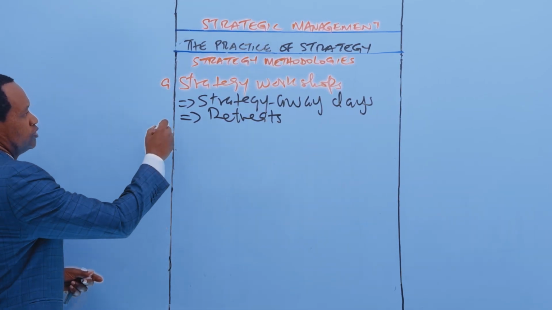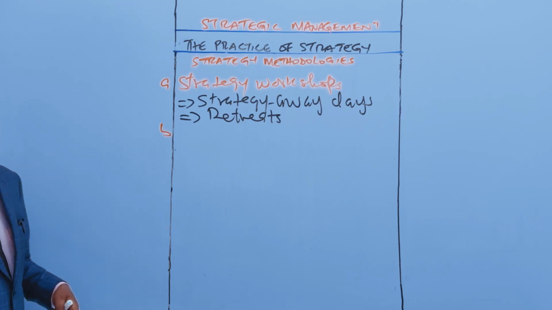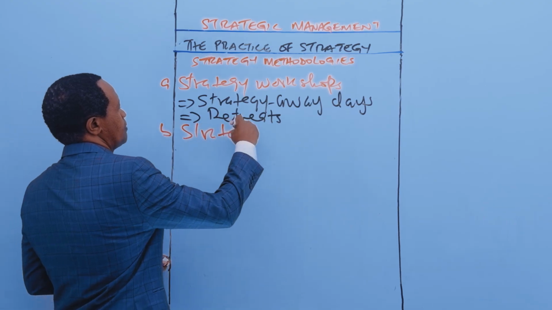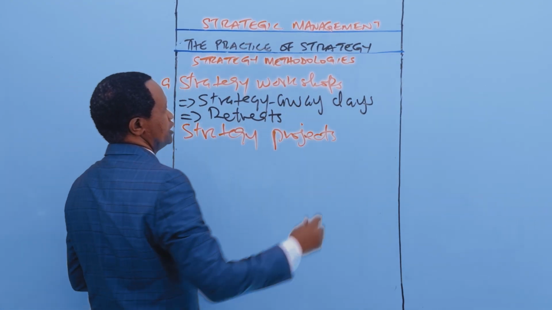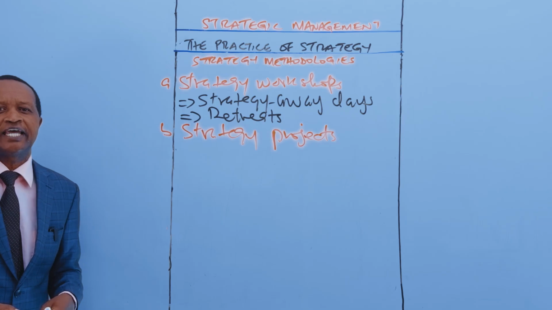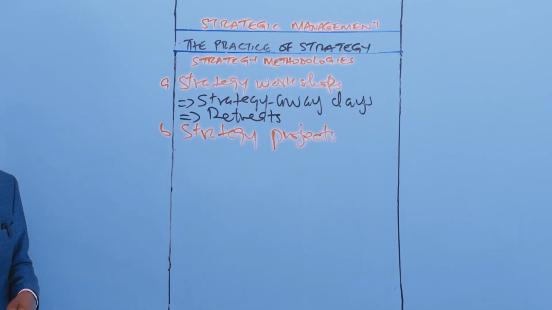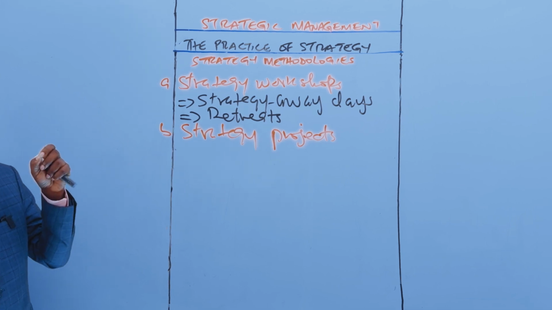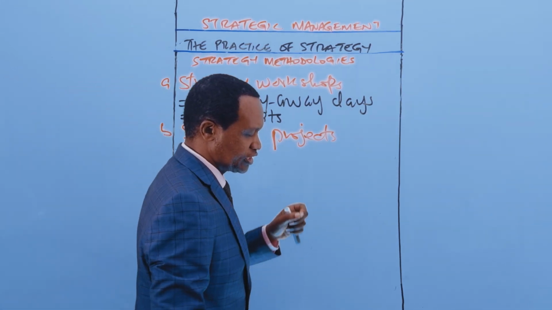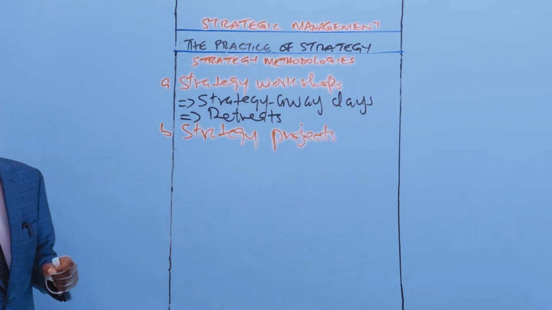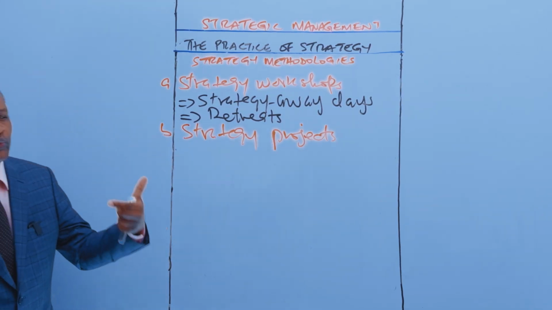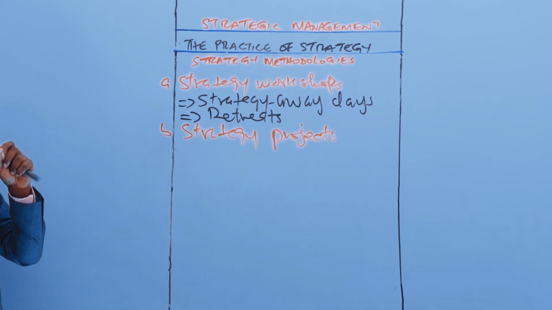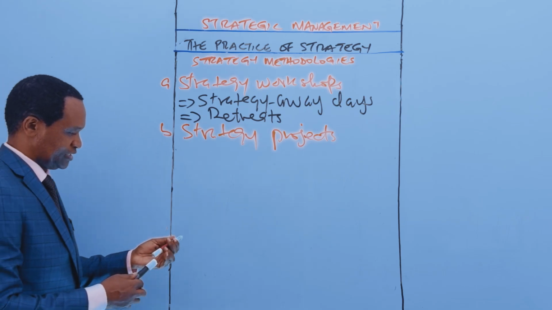Then number 2, the second strategy methodology, is what we call strategy projects. Strategy projects are time-bound, focused assignments designed to solve a specific strategic problem or to explore a new opportunity.